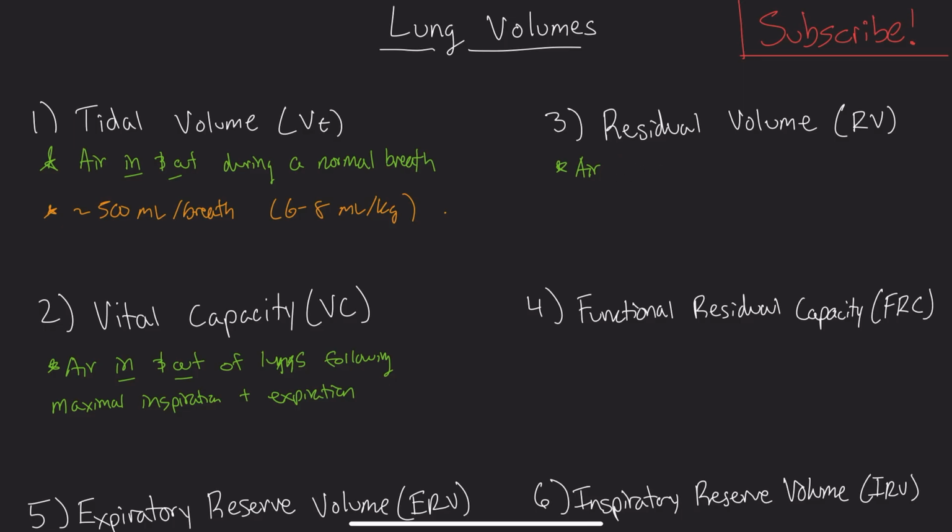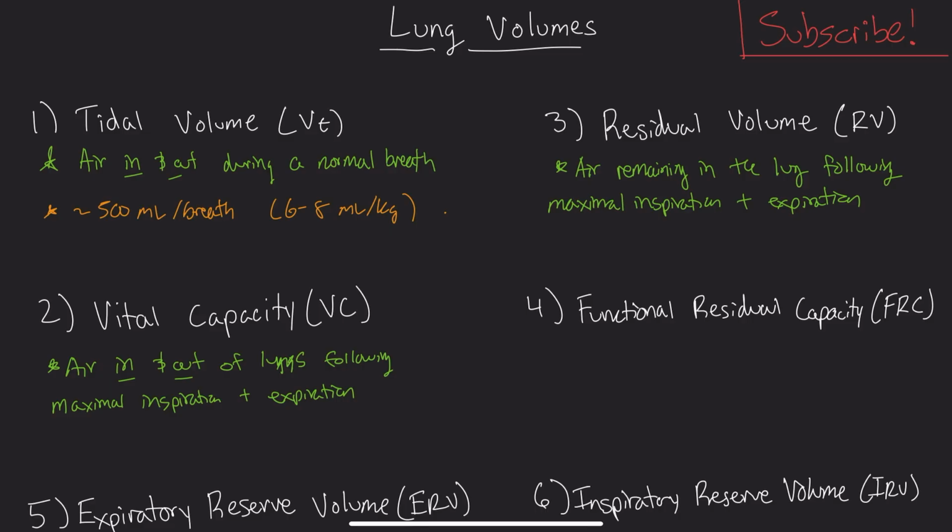Air that's still remaining in the lung following maximal inspiration plus expiration. So max inhale, max exhale, and the volume of air remaining in your lung following that is going to be residual volume.